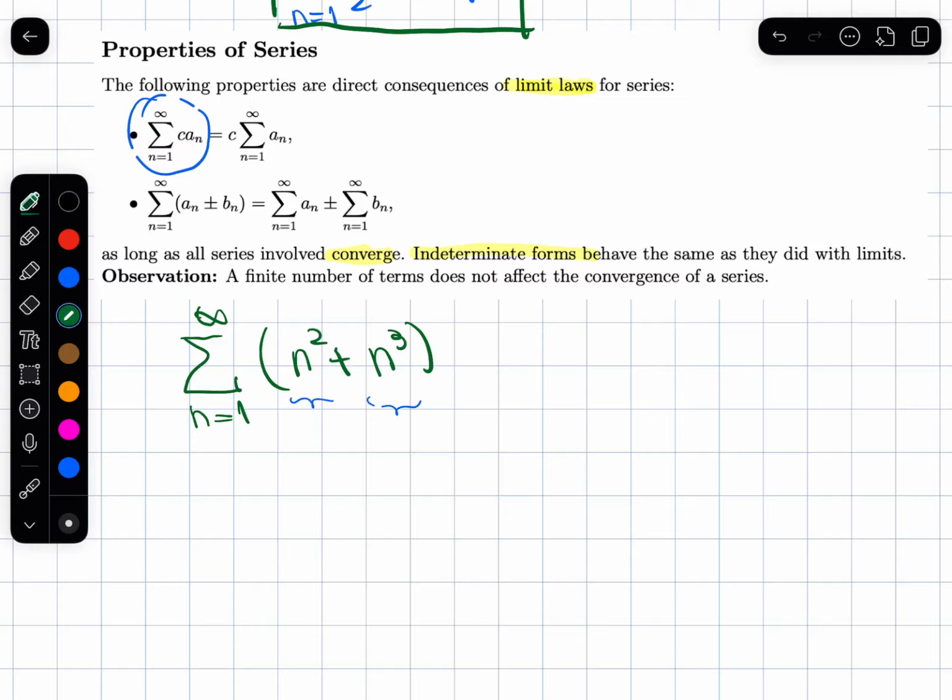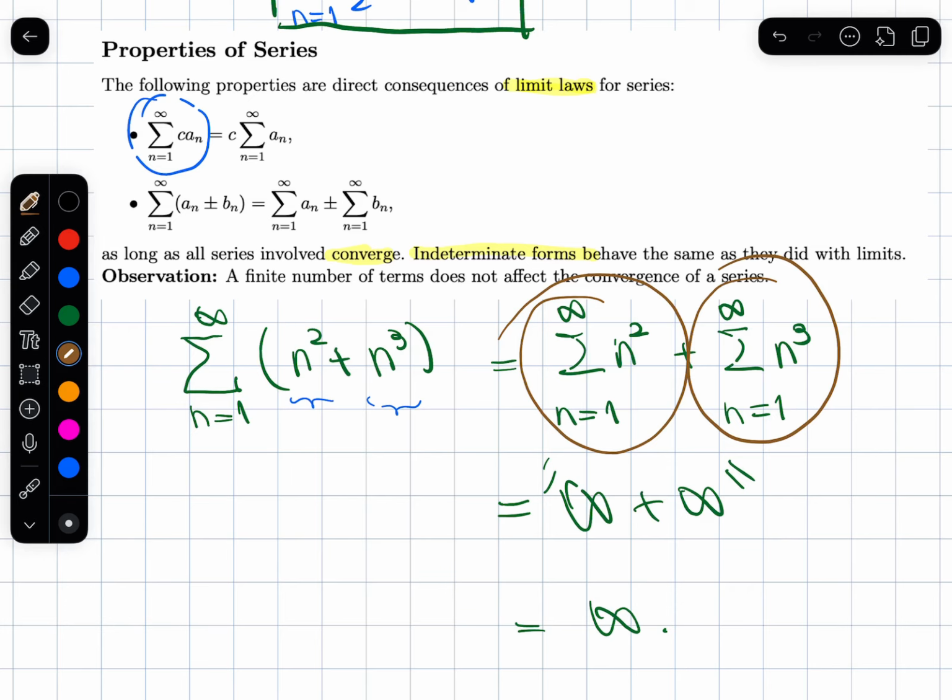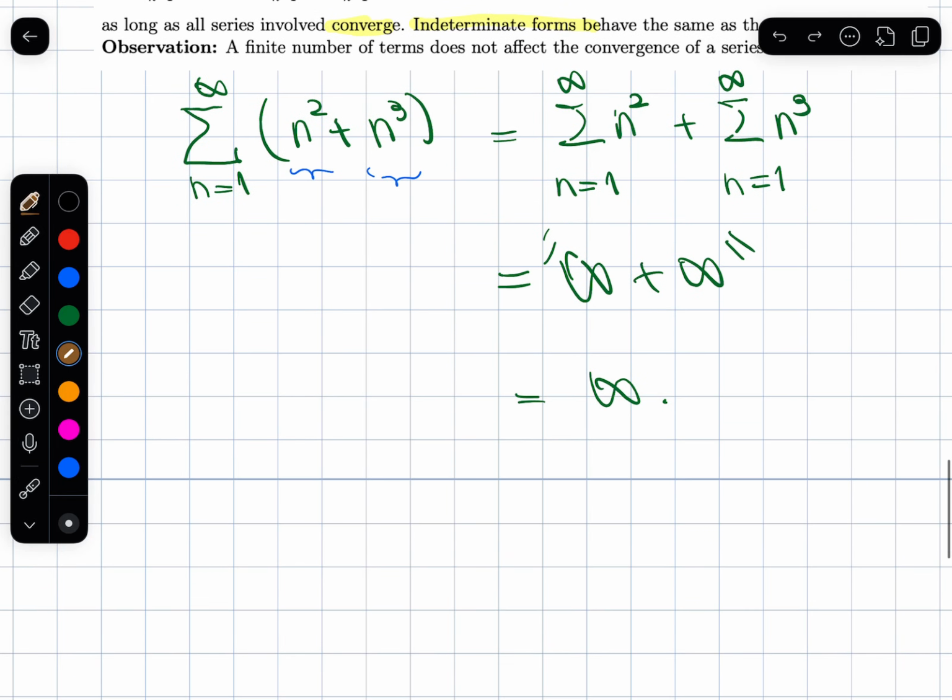So I can say also this, not only because they are divergent, but because they diverge in the specific way of going to infinity. And because this is positive infinity plus positive infinity, I know this is going to be equal to also positive infinity. Just as if I were dealing with limits, because I am. This is a limit, and this is another limit. So I can do whatever I could do with limits before.